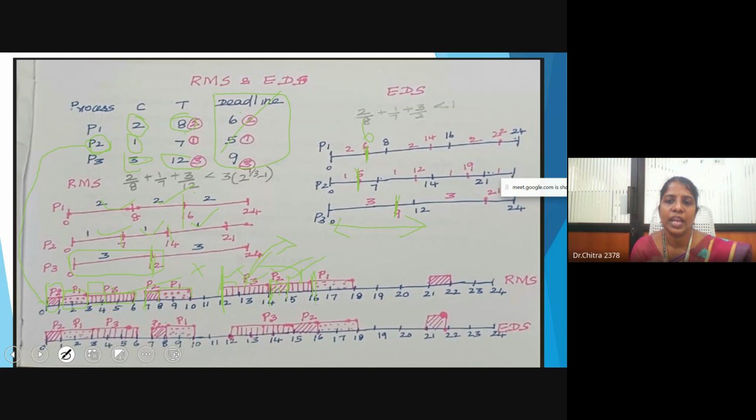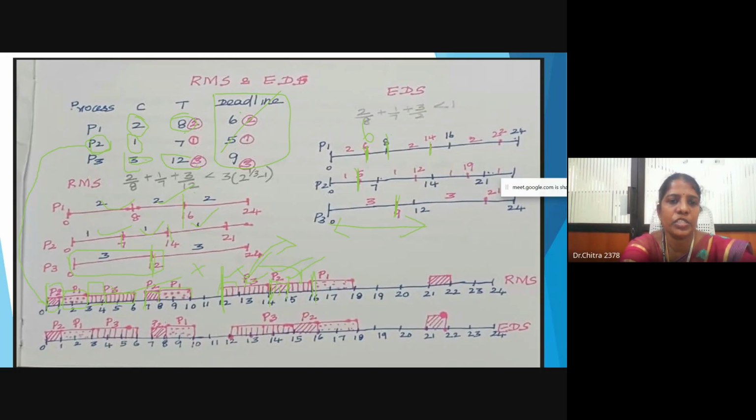You can complete before the deadline and need not worry about the period. If the period of P1 is 8, no need to worry about it. The one condition is that the second execution of P1 must be completed before the 14th clock cycle. So see over here, the first is the same.